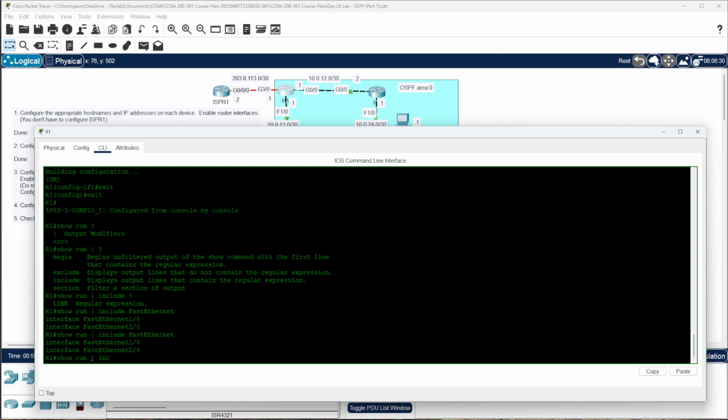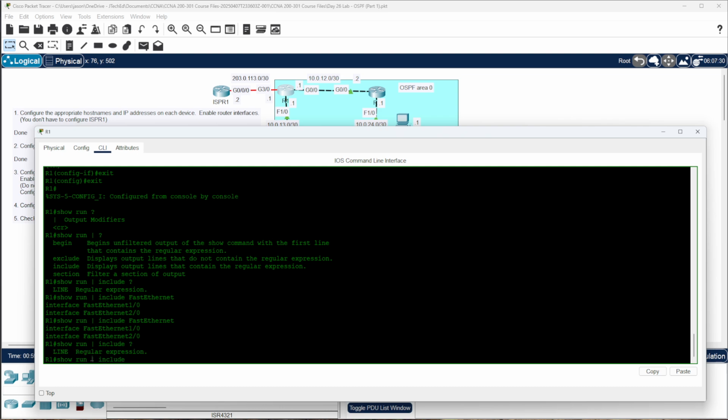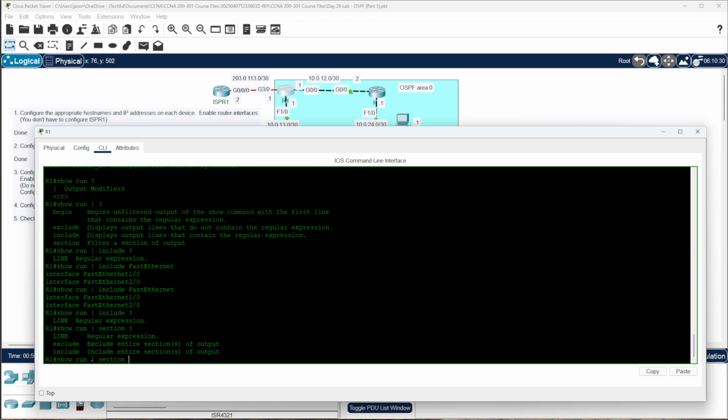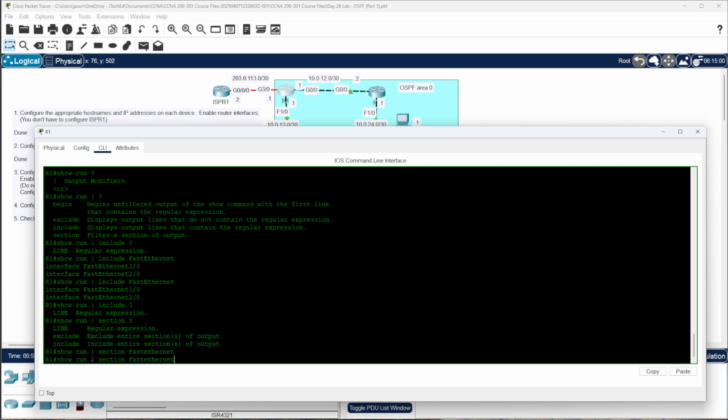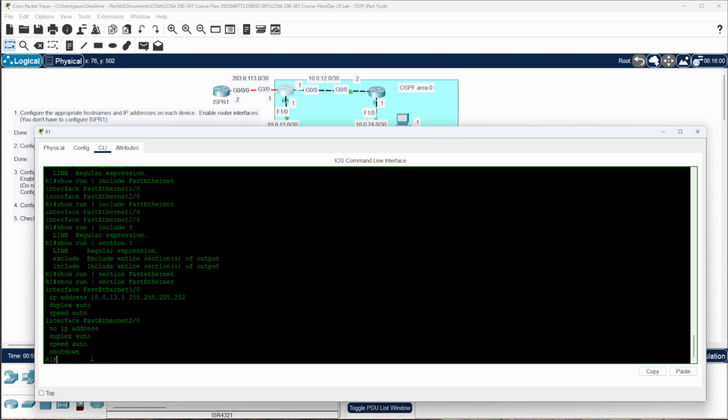Show run include. Okay, no, we want section. Include, I don't know, FastEthernet? Do I just do that? No, that didn't work. Is it case sensitive? Hey, there we go. Kind of too bad it's case sensitive.